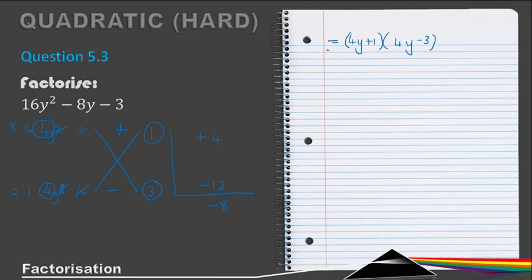Alright, and then once again, second method, 16y squared minus 8y minus 3.